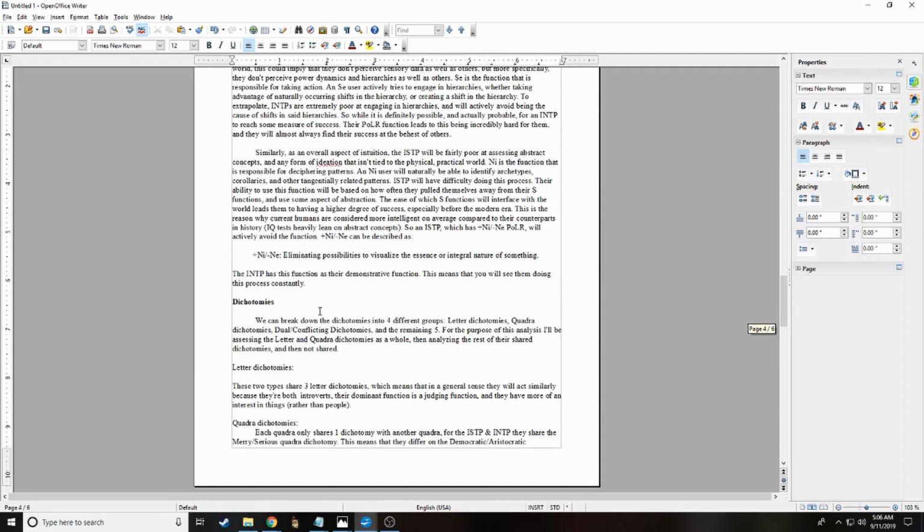Going on. Positive Ni and negative Ne can be defined as eliminating possibilities to visualize the essence or integral nature of something. The INTP has this function as their demonstrative function. This means that you will see them doing this process constantly. So, eliminating possibilities to visualize the essence or integral nature of something.